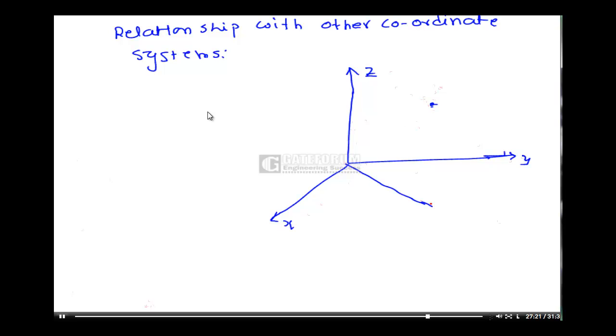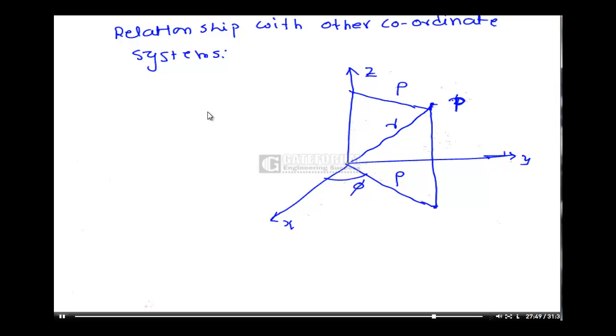Now we can relate very easily. This is z. So rho I already know. Suppose this is y. Y is equal to rho sin phi, and this is x. X is equal to rho cos phi.